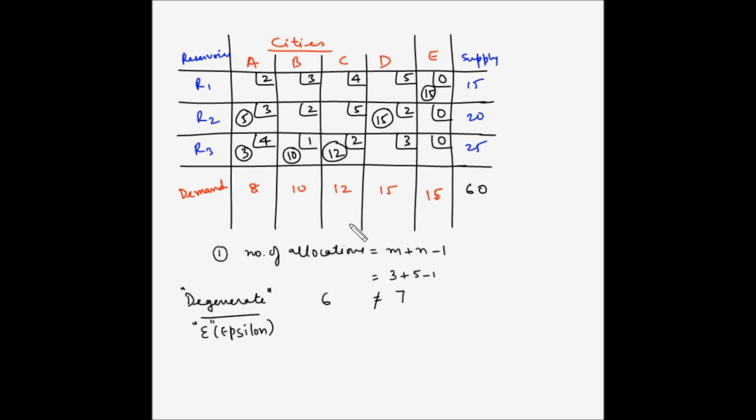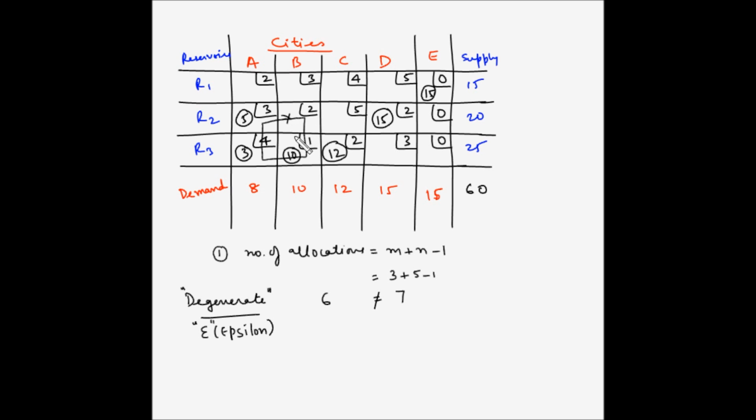Now epsilon should be assigned to an independent water square, that is a water square from which a closed path cannot be formed. So for example, we can't assign that epsilon to this square R2B, because from here then we can easily create a closed loop, which will be R2B, R2A, R3A, R3B, and then back to R2B.